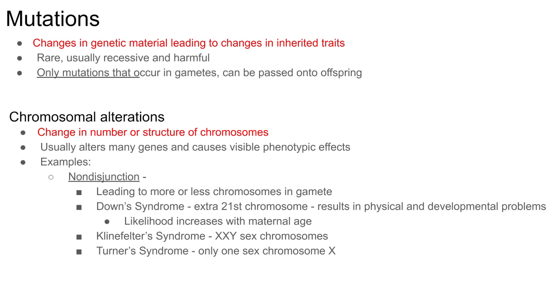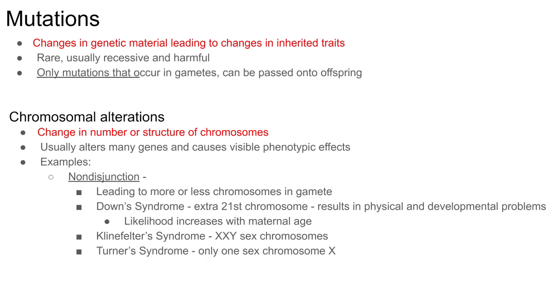Those are called chromosome mutations. Okay? And we talked about Down syndrome as the most common example of a chromosome alteration that affects people. And again, Down syndrome is caused by an extra 21st chromosome.